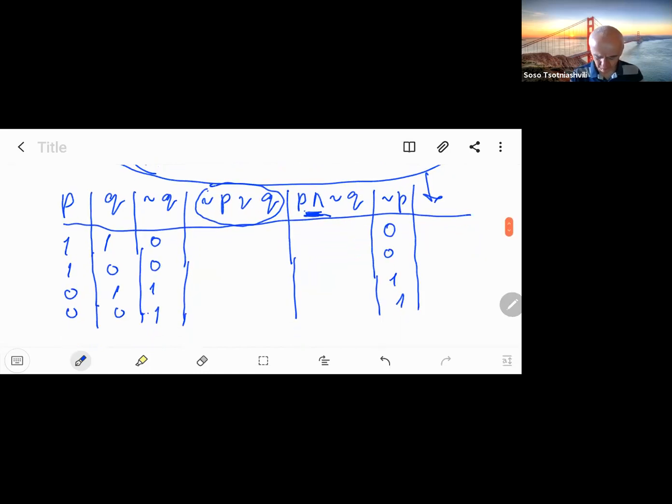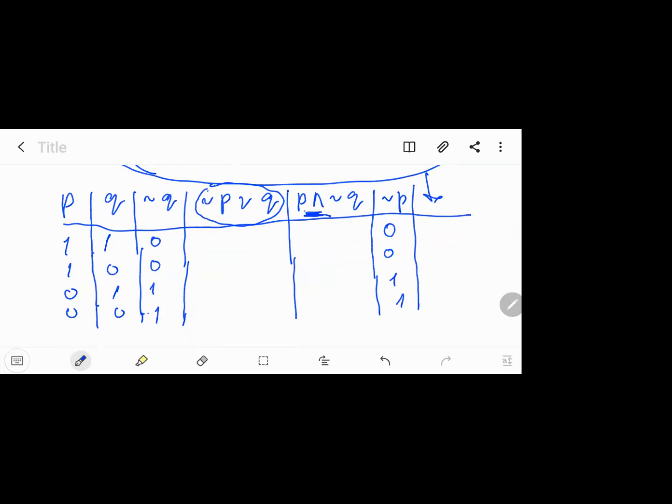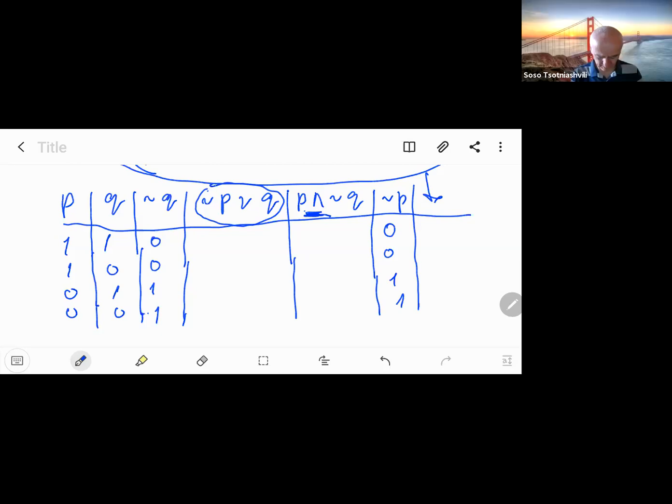So now not P or Q. It will be only 1 true and 3 falses. P and Q: only the second is false, yes?